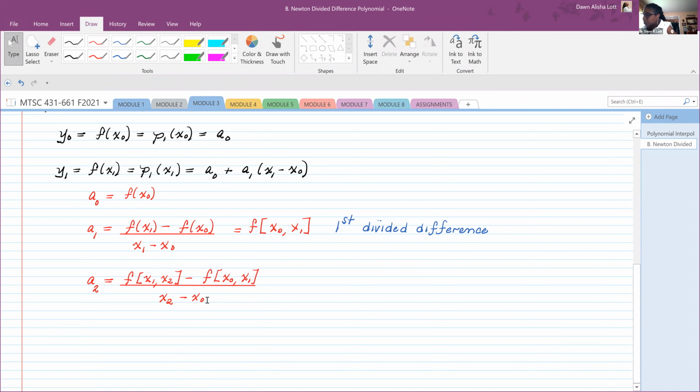Okay, so this A2 is actually not F of X2. If I just compute this for a minute, we already know what F[X0, X1] is. So what is F[X1, X2]?